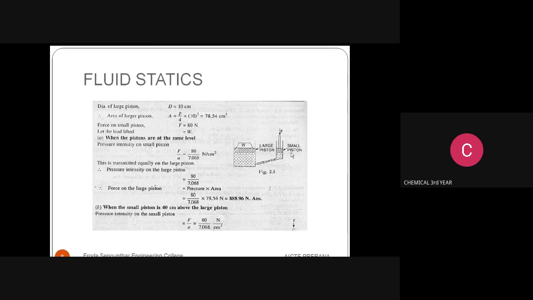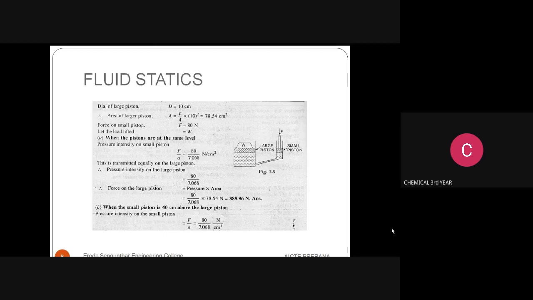The first case is when the pistons are at the same level. The pressure intensity on the small piston is expressed as force per unit area, F by A. What is the force exerted on the small piston? 80 Newton.